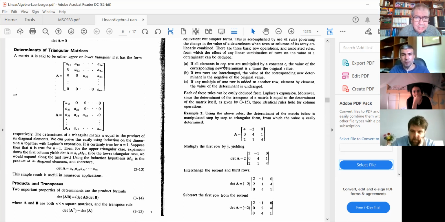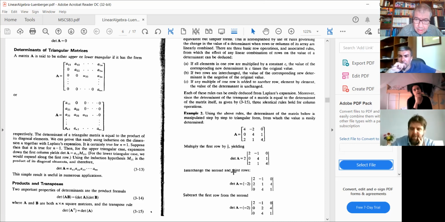If all the elements in one row are multiplied by a constant, the value of the corresponding new determinant is C times the original value. So if you multiply by a constant, and you want to keep the same determinant, you have to multiply by the inverse of that constant, and the inverse of 1/2 is 2.